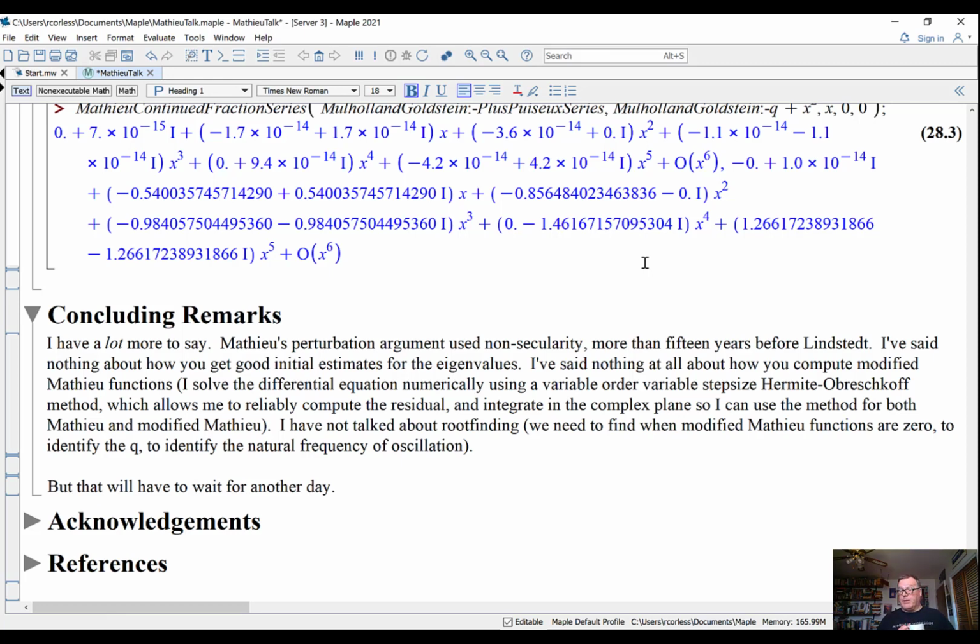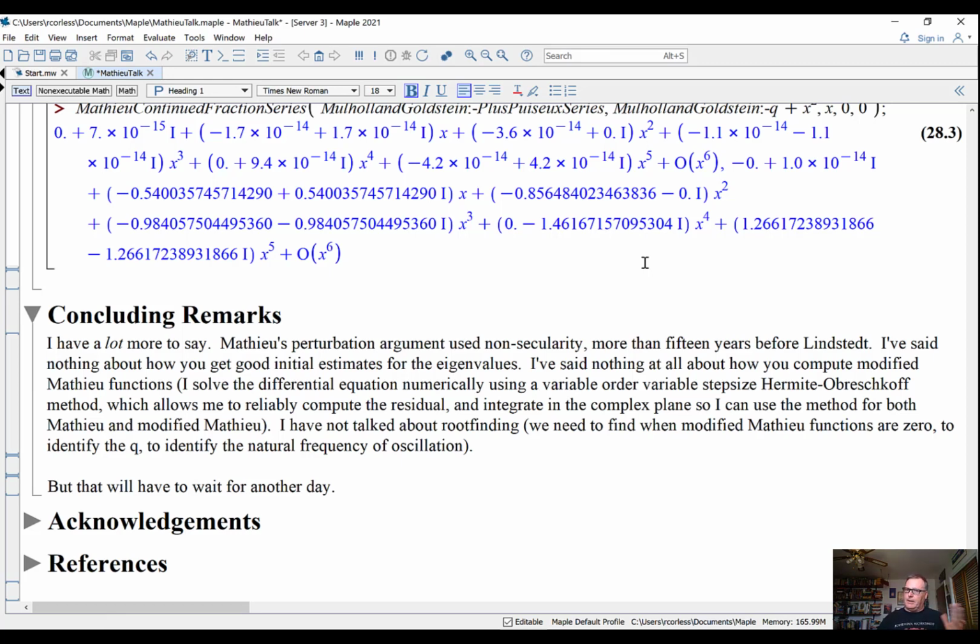I said nothing about whether it's better than existing methods. And there's a good reason for that. The real reason is that for the real periodic solution, with the spectral method of solving the eigenvalue problem, you get all the Fourier series coefficients, that's really, really fast. Turning that into something that works for modified equations, there's a trick with Bessel functions.